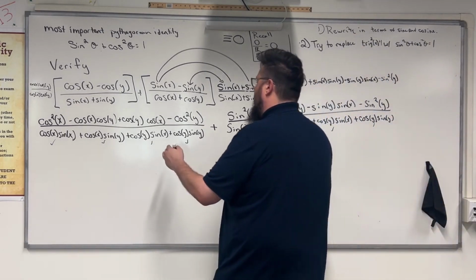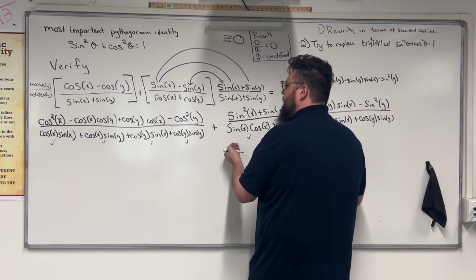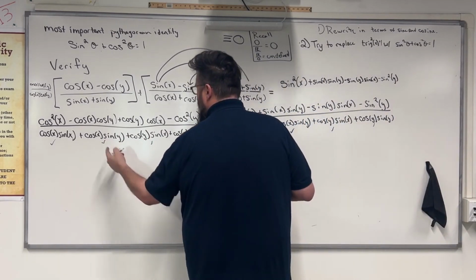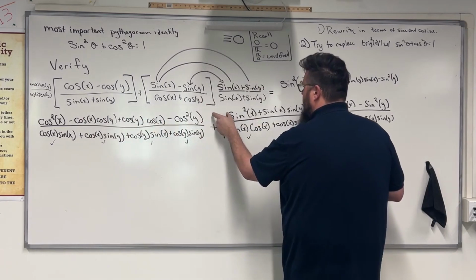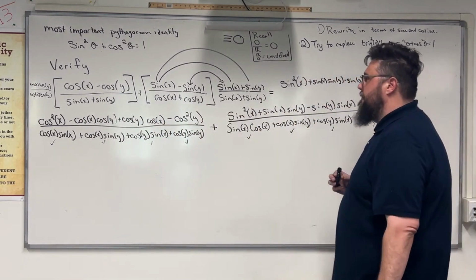So now that I have a binomial fraction and I have the same denominator, I can rewrite this fraction as this numerator plus this numerator all over just this denominator. So let's do that.